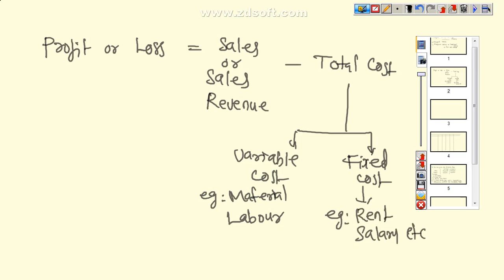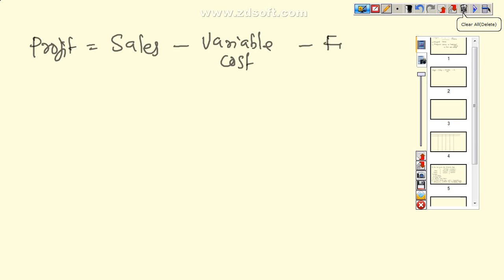Now, in case of marginal costing, first we have to deduct variable cost, means profit is equal to sales minus variable cost minus fixed cost.